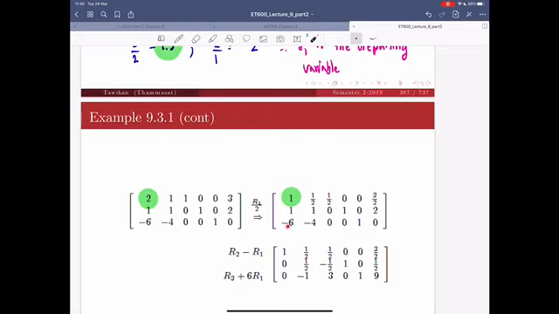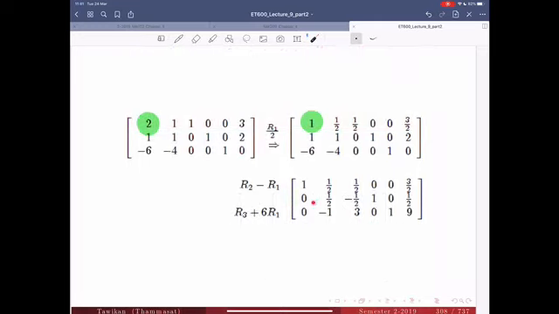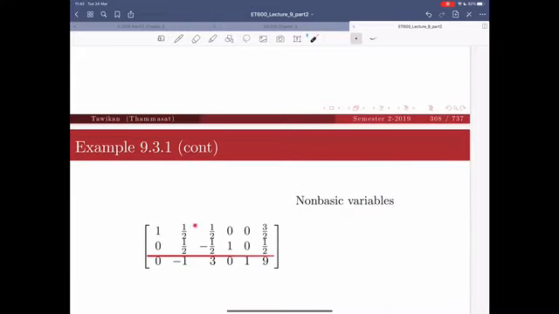So to get rid of that -6, I perform R3 plus 6 R1. And then I can eliminate those 2 spots to get 0 in them. After we've got that matrix, I'm going to call that the second step of the Simplex tableau. So I'm going to put that matrix once again in the next slide. I put it already over here.